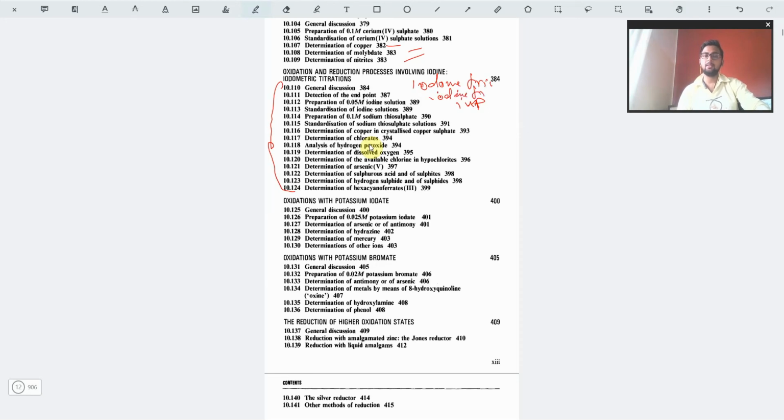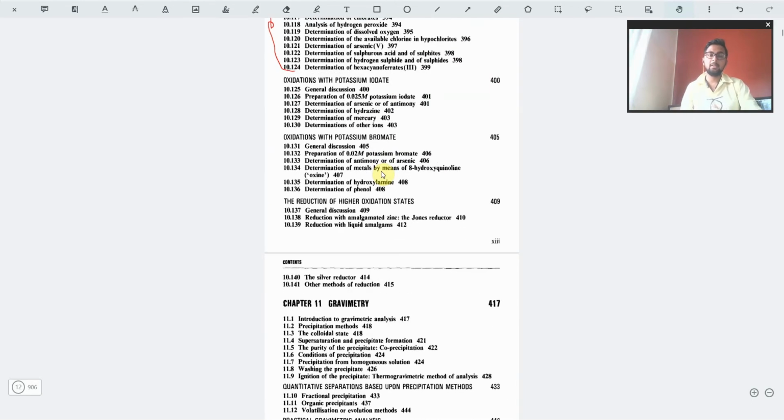Basically both of them are different, and all the titrations involving iodine help us in precipitating, separating, or doing titrations for various kinds of species, be it cationic or anionic, that doesn't matter. So that is one of the concepts that I mentioned.